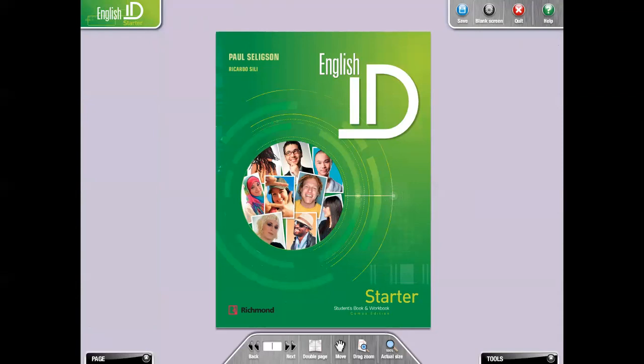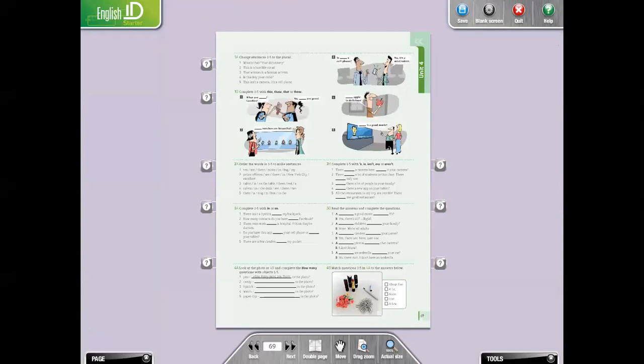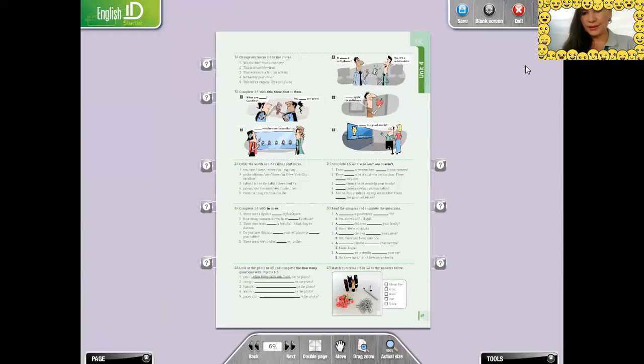Well, 69. This is the page, and according to the exercise, we're going to complete exercises 3A, B, 4A, and 4B.